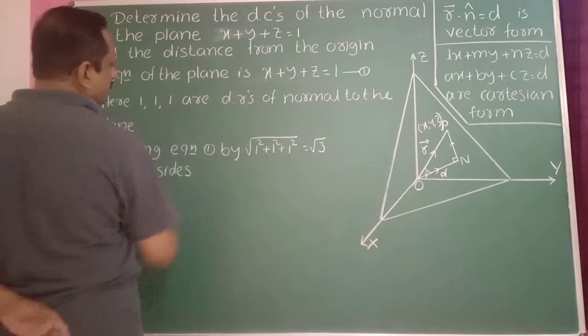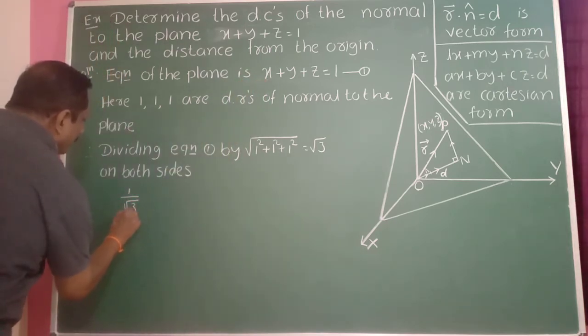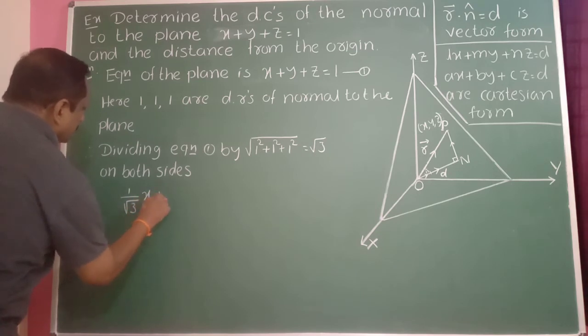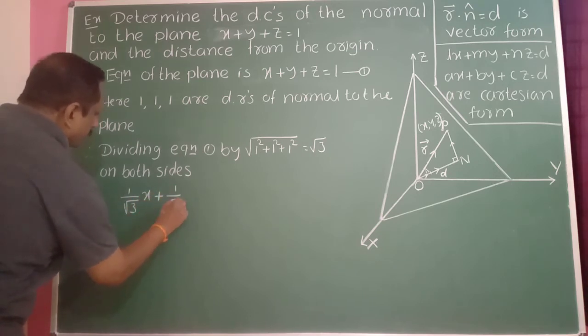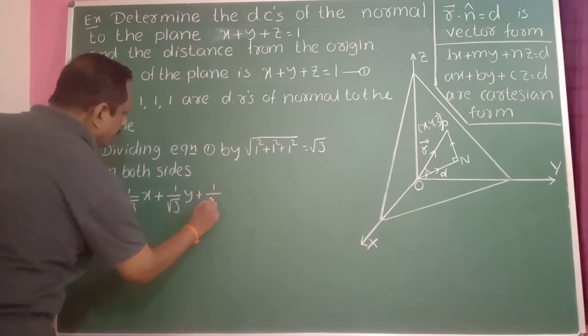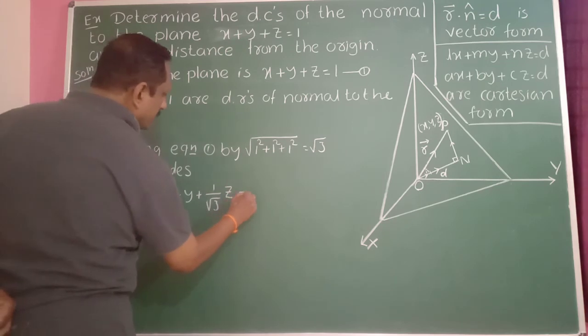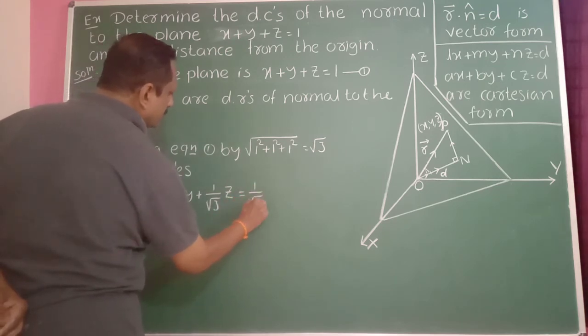Therefore, this equation becomes 1 upon root 3 into x plus 1 divided by root 3 into y plus 1 divided by root 3 into z is equal to 1 divided by root 3.